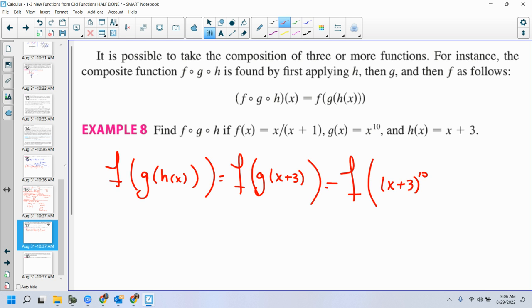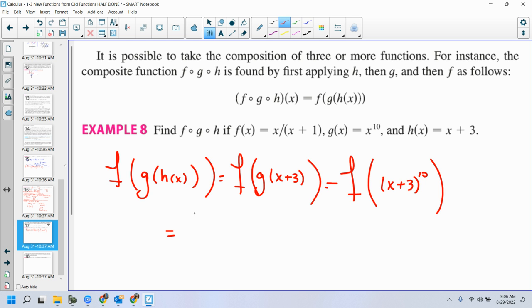Let's not multiply that out. Let's save both of us some time and mental pain of multiplying that out. So now let's find f of x plus 3 to the 10th. Look at f here. I've got 2 x's.